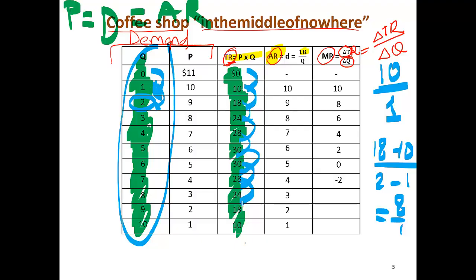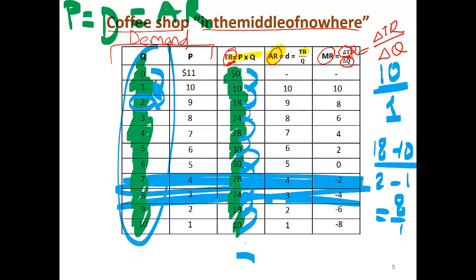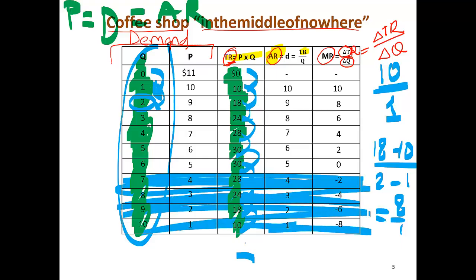Therefore, change in total revenue is negative 4. 24 to 18, negative 6. And finally, negative 8. Oh my gosh. So starting from the 7th coffee, marginal revenue, additional revenue, is actually negative. It's very interesting.